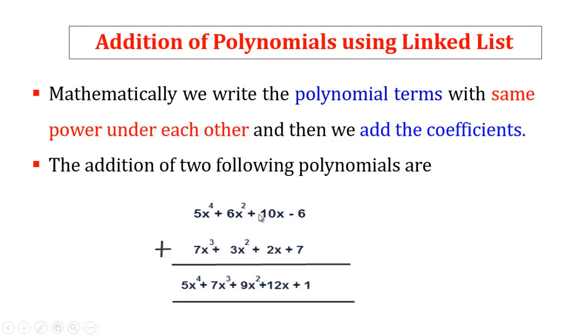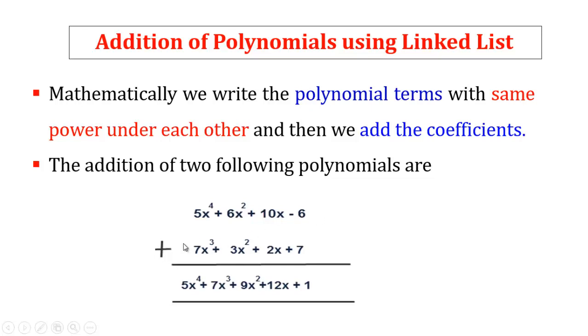Then plus 6x power 2 plus 10x, where 10 is the coefficient and the power is 1. Minus 6 is only a coefficient, there is no power, so in that case we have to represent 0 as the exponent.